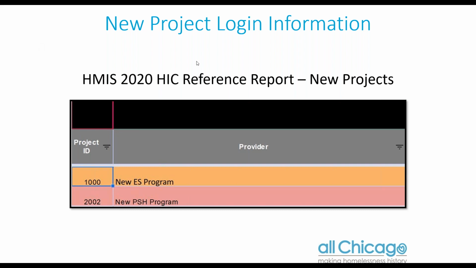After consulting with All Chicago, you would use these to log in if you have an error or there's an issue with your project's original login information. The new ES program would be what I would use as the username, and the 1000 project ID is what I would use for the password.